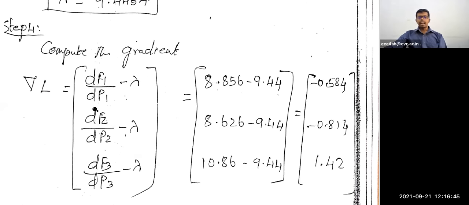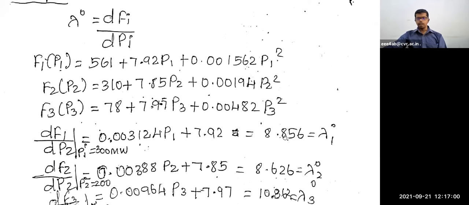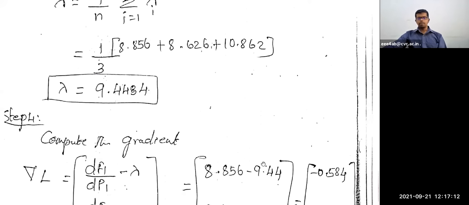So we have already calculated this value, df1 divided by dp1, by substituting 300 megawatts. We have calculated that, it is 8.856. Or instead of df1 divided by dp1, we can also take lambda 1 naught minus lambda. So that you don't get confused, I have taken this.